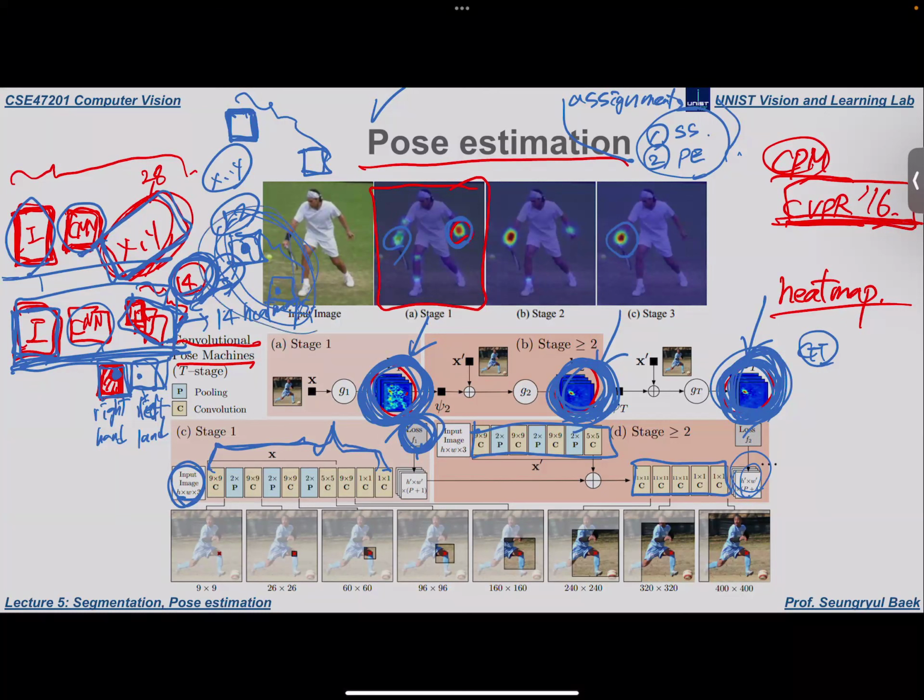While doing that assignment, you can see the details of how to implement these heat maps. We will provide you some skeleton code for making these heat maps from the XY coordinates, and also making the XY coordinates from the heat maps. So you can see the details while doing assignment 2, maybe.